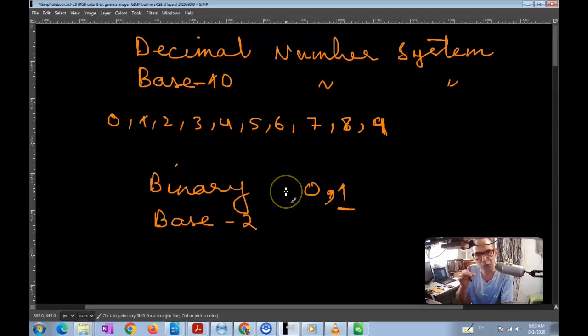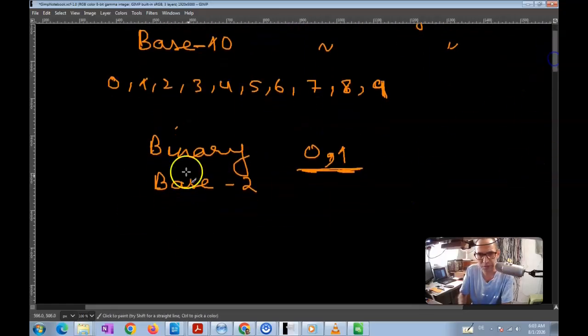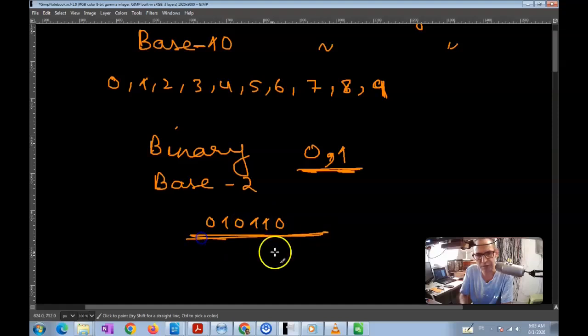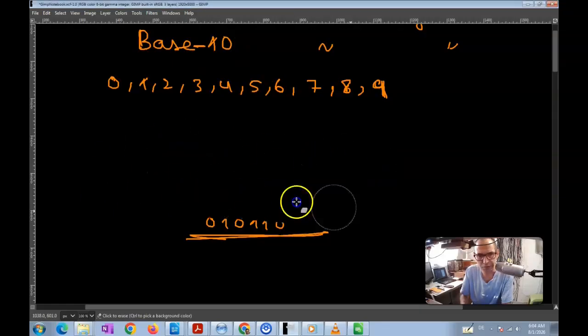When you have no voltage there, that's represented by a 0. These are the only 2 digits that this system has, so a number in this system would be, for example, 10110. That's a number in binary. Of course, you can convert it to decimal as well, but that's not the subject of our discussion right now.